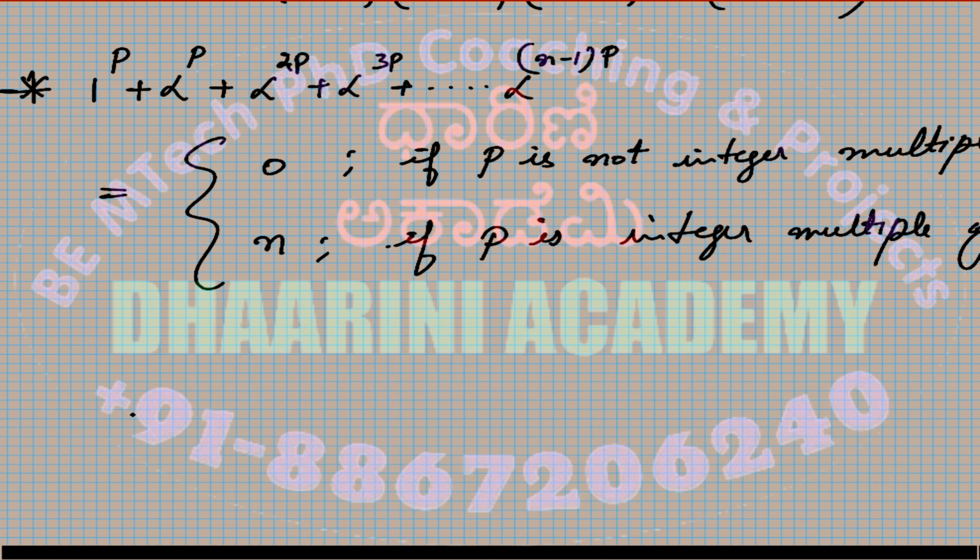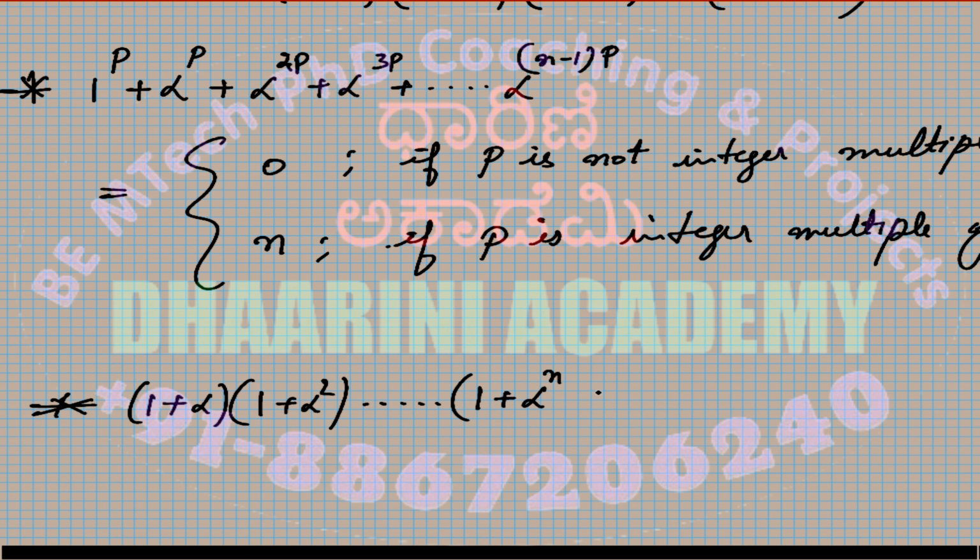All right, then the next point to be remembered is 1 plus alpha, 1 plus alpha square, dot dot dot, up to 1 plus alpha to the n minus 1. Again, this can be directly calculated by using all the properties we have seen so far.